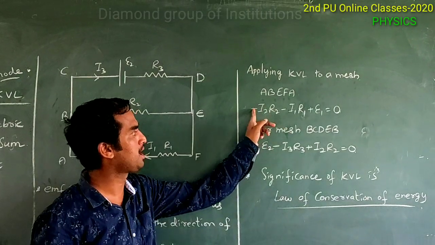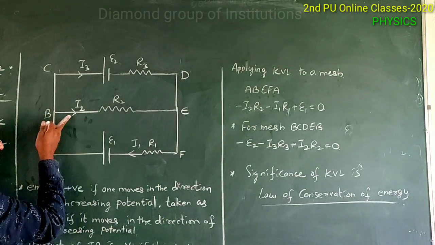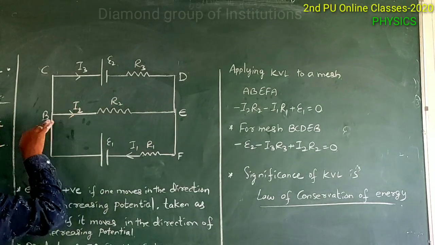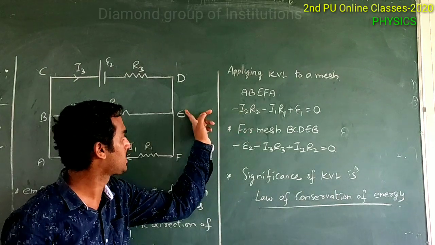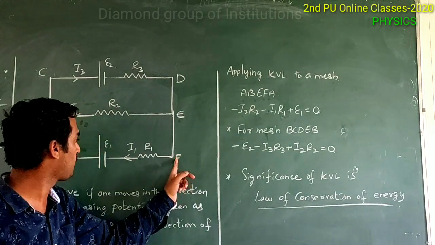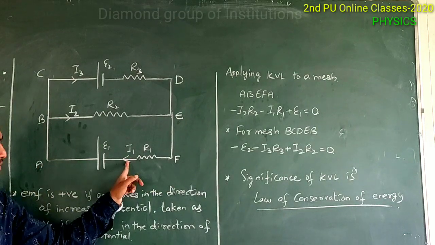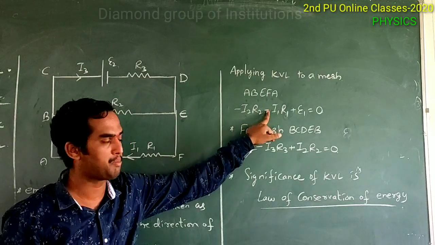I2 into R2 becomes negative. Why it becomes negative: we are going from B to E, and the current direction is also the same. So that's why it is minus. Next, E to F, and when we are moving from F to A, see the direction of the current, it is also in the same direction. So that's why the sign becomes minus.